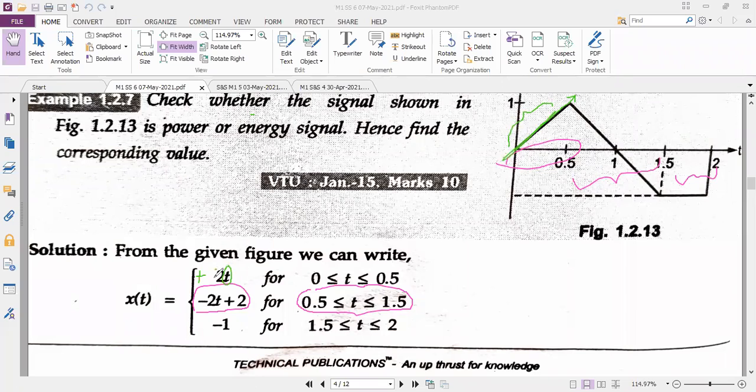The multiplier can be any number depending upon the amplitude and the time given in the question. Here the multiplier is 2 because the amplitude is 1. But the plus will always be the same because it is rising. Now the diagram is falling down, so definitely it should be minus 2t, minus any number multiplied with t. I cannot say the multiplier is only 2.